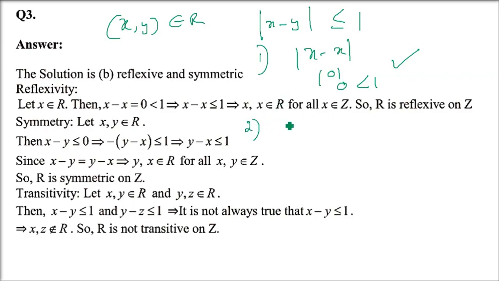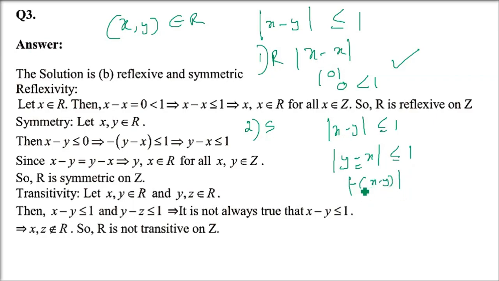The second one is symmetric. Symmetric is, I'm just changing x as y and y as x. So mod of x minus y, mod of y minus x. Since we have a mod sign here, y minus x can be written as negative of x minus y.